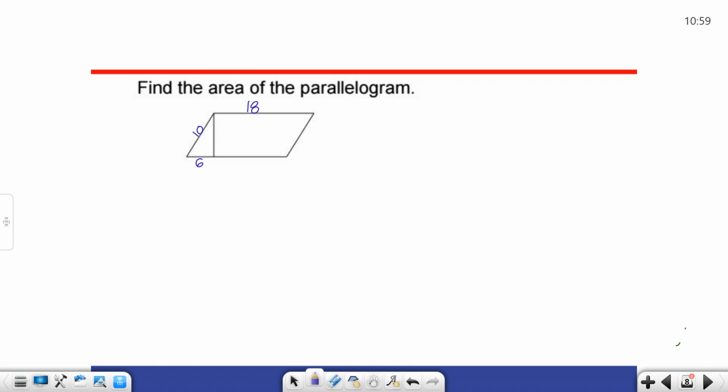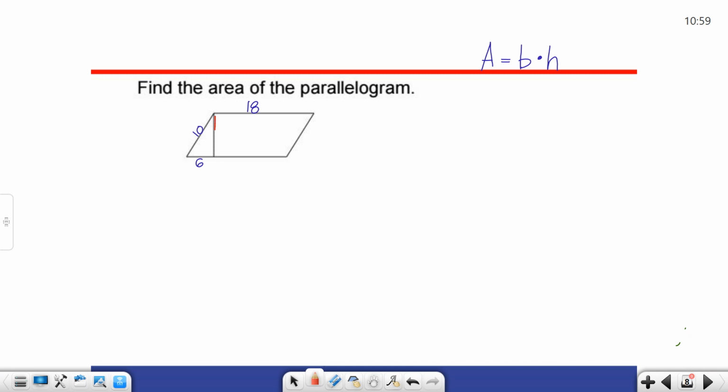And it asks for the area of a parallelogram. So remember, the area of a parallelogram is base times height. Okay, it's also length times width. If you wanted to, nope, it's not length times width. Scratch that, I said that. That's the rectangle. So the area of a parallelogram is base times height.